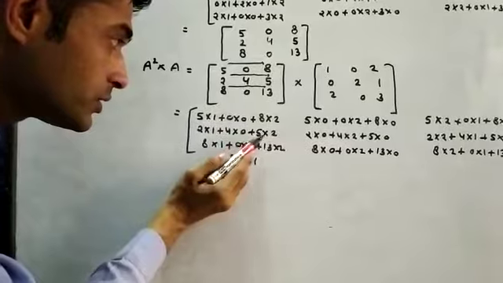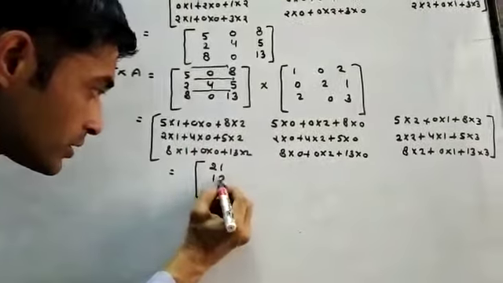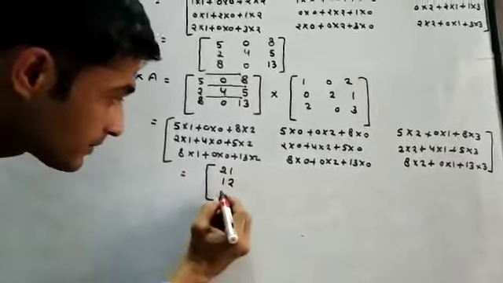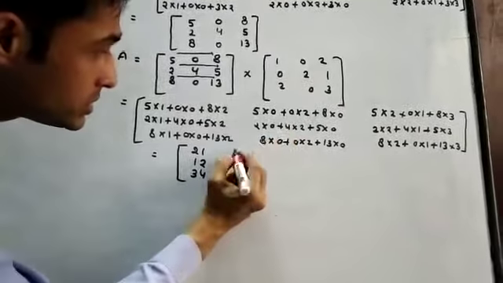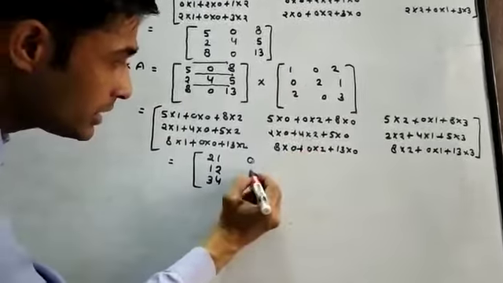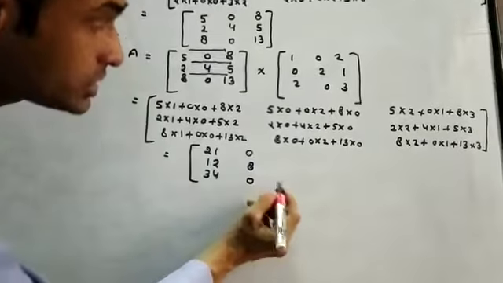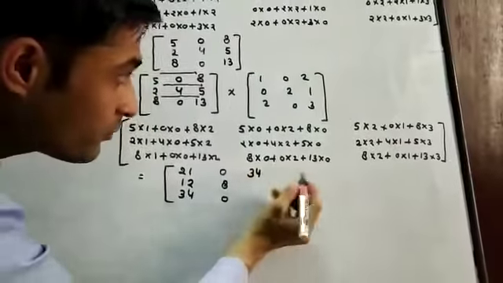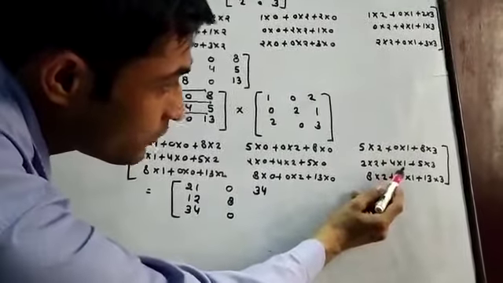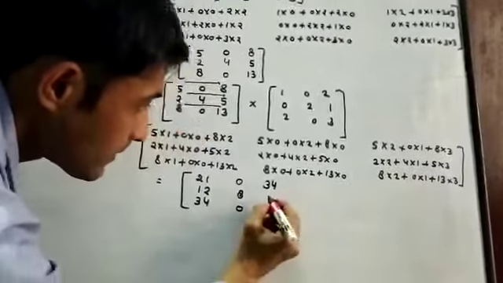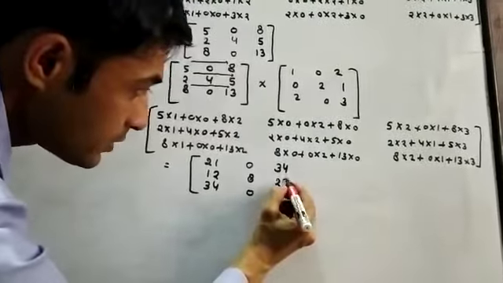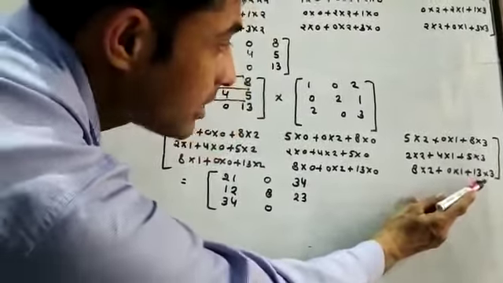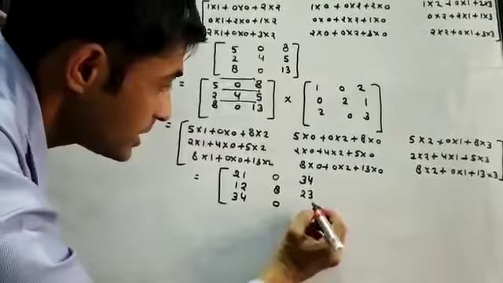Next 2 multiply 1 is 2, 0, 5 multiply 2 is 10, 10 plus 2 is 12. 8 multiply 1 is 8, 0, 26, 26 plus 8 is 34. 0, 0, 0, 4 multiply 2 is 8, 0, 5 multiply 2 is 10, 8 multiply 3 is 24, 24 plus 10 is 34. 2 multiply 2 is 4, 4 plus 4 is 8, 15 plus 8 is 23, 8 multiply 2 is 16, plus 39, 39 plus 16 is 55.